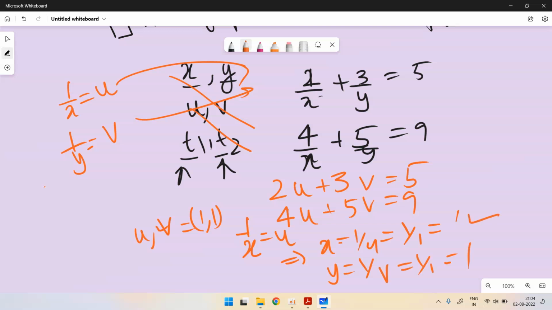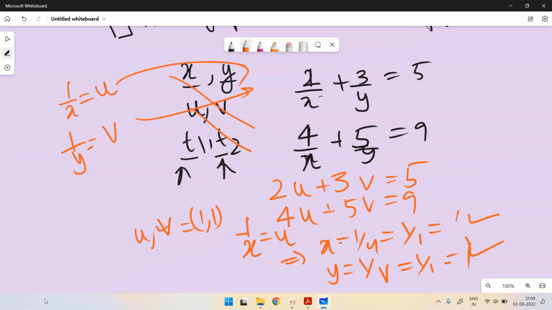So 1 and 1 is the answer. Just substitute the reciprocal of the original variable, from that you get the value of a different variable which is linear, and from that linear variable you get back the values of the original variables x and y.